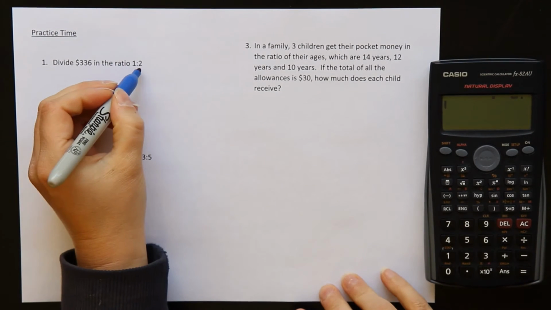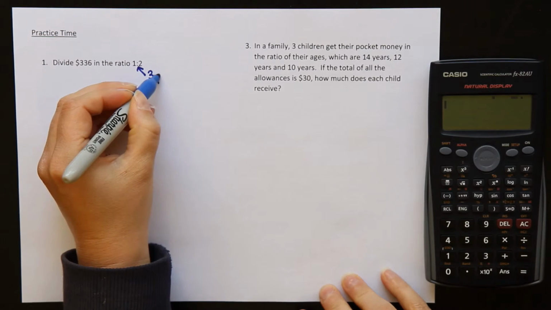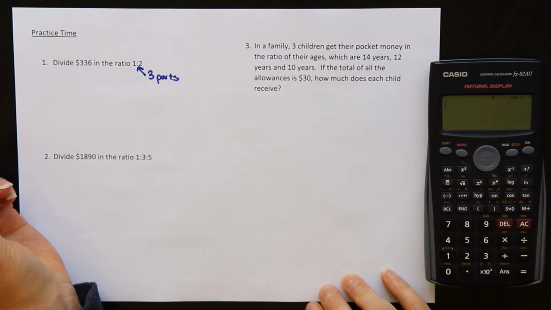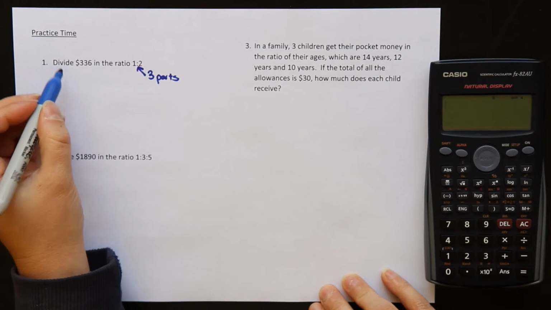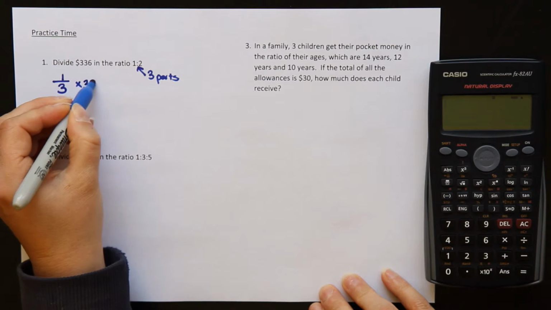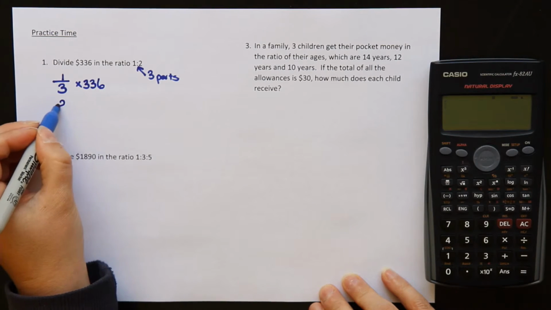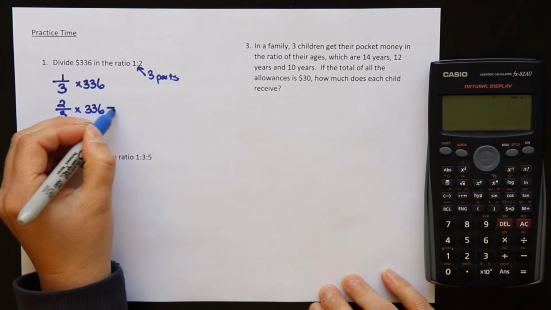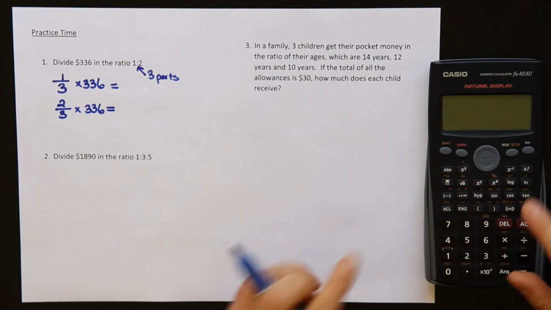Question 1. We have a total of 3 parts here. So dividing 336 in the ratio 1 to 2, we would do 1 over 3 times 336 and 2 over 3 times 336. Okay?